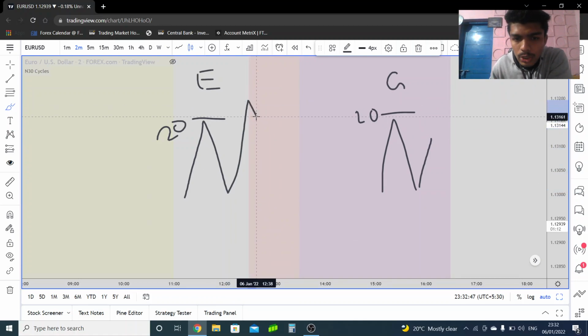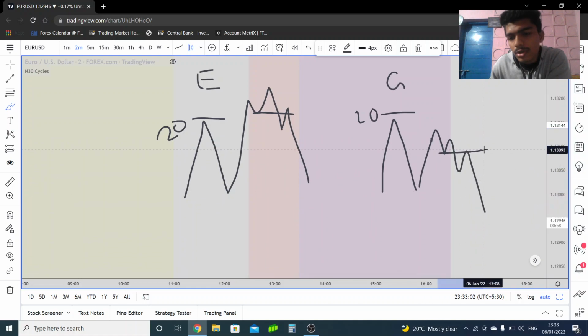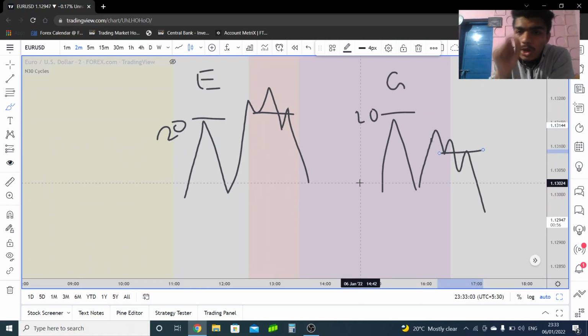Over here, you can look for this. When one pair is taking external range liquidity and another pair is failing to take external range liquidity, meaning it is taking internal range liquidity, that is the exact time for you guys to go in the markets and look for SMT trades.